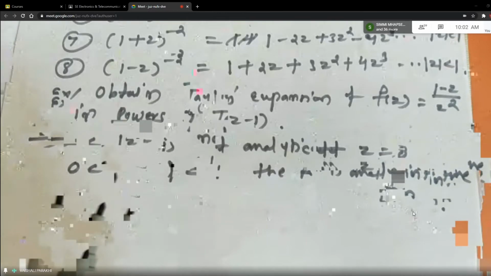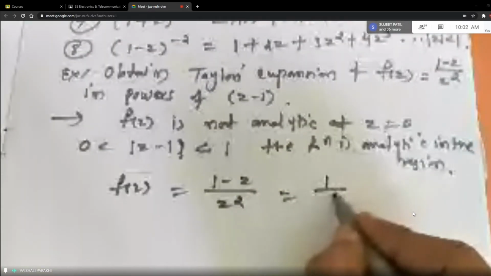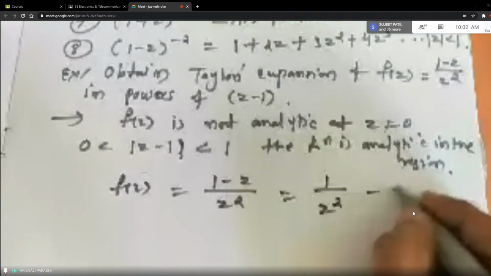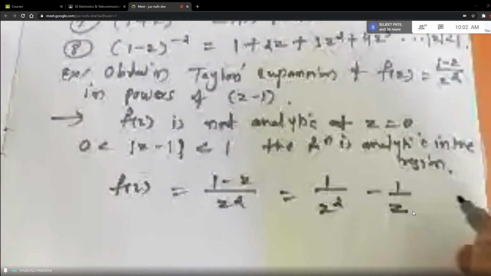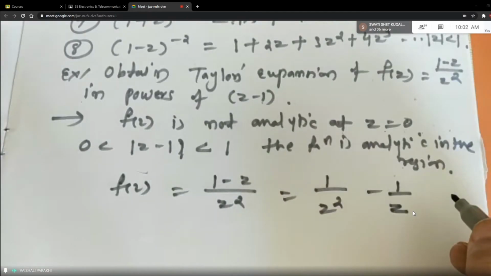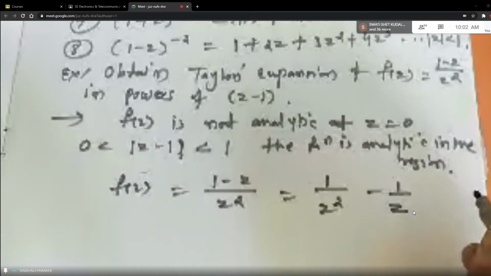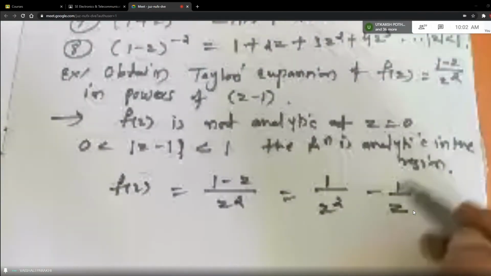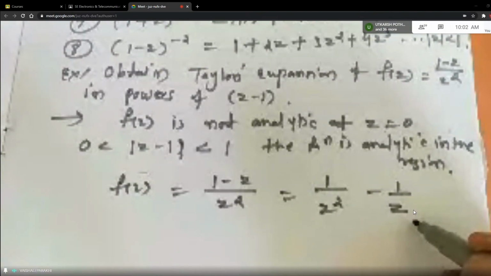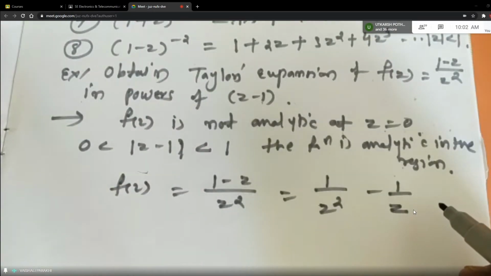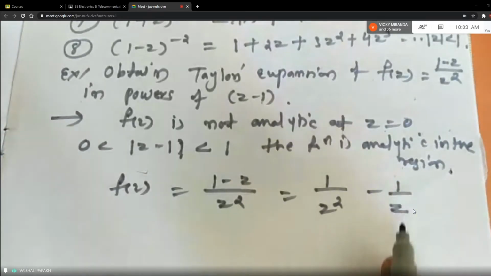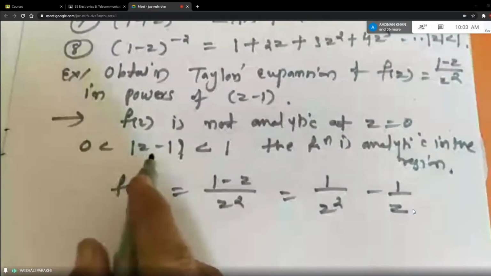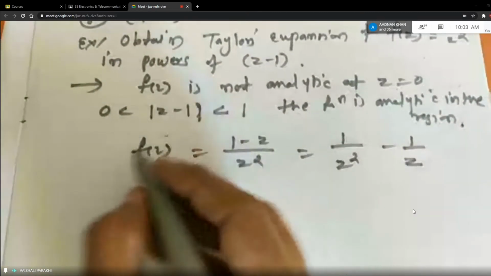1 minus z divided by z square, right? So either you use partial fractions or directly you can separate the terms. So it will be like this. 1 upon z square minus 1 upon z. Now, can you tell me what will happen with f of 1? Because, see students, after all, you are using the Taylor series. Which is the Taylor series formula you are using?